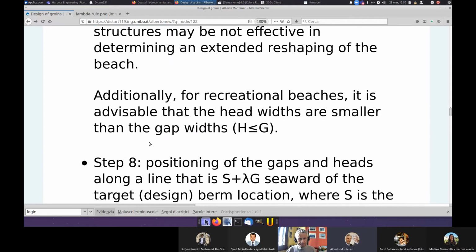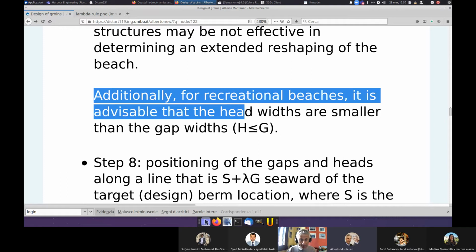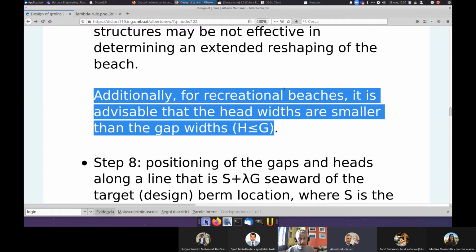Okay, and keep also in mind, we didn't finish with the steps, but regarding step 7, keep in mind that for recreational beaches, it is advisable that the head width is smaller than the gap width.